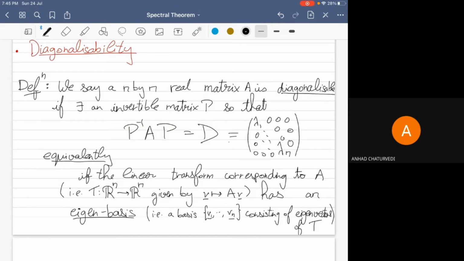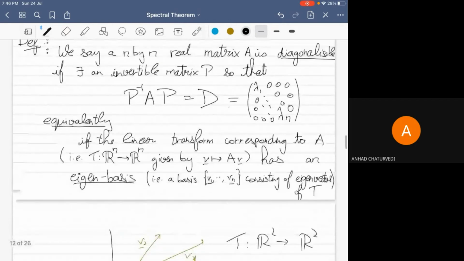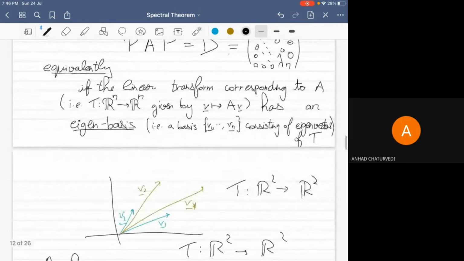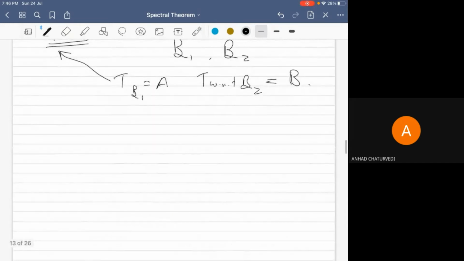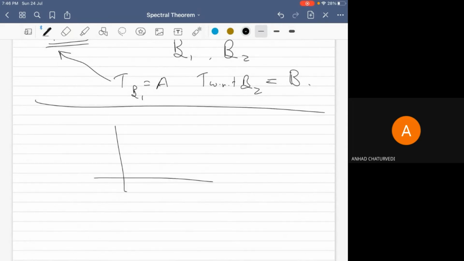So, in other words, using similarity, we say a matrix is diagonalizable if A is similar to some diagonal matrix. And equivalently, we can say that there exists some basis consisting of eigenvectors. Why this is equivalent: let's again consider R square.